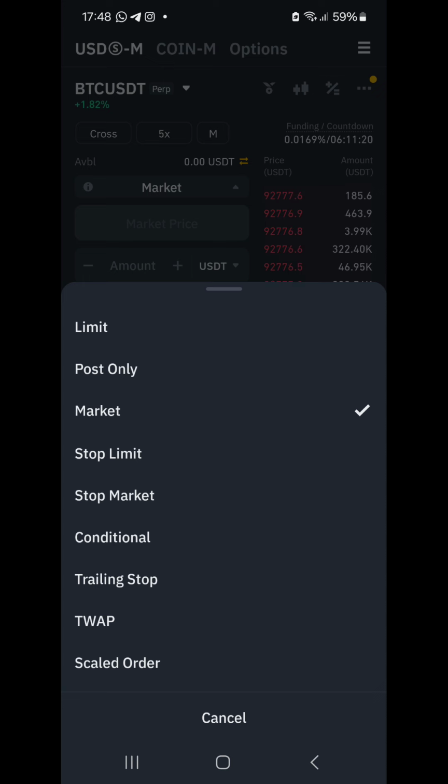Now, for example, if Bitcoin is trading at 30,000 and you place a market buy, your order executes at the best available price, which might be 30,001, or 30,002.